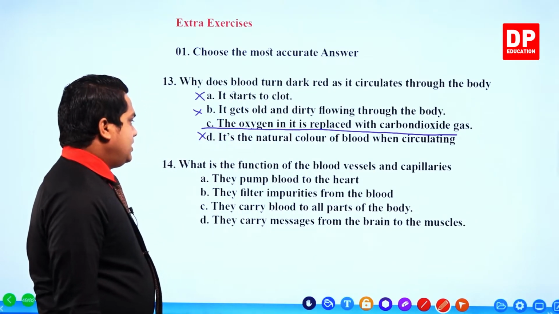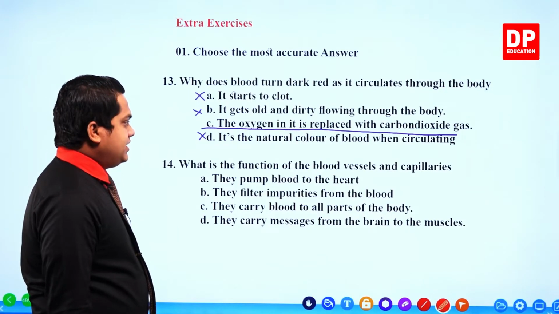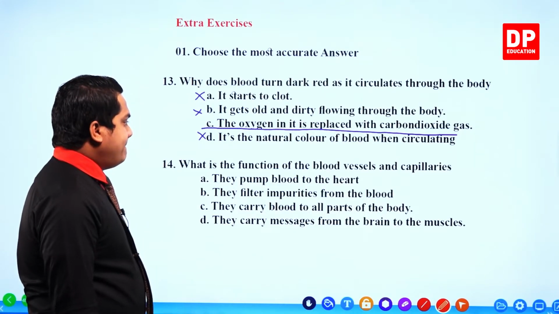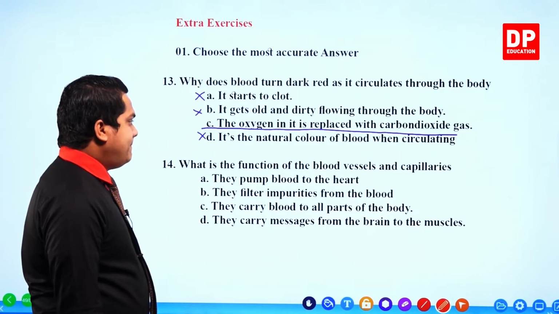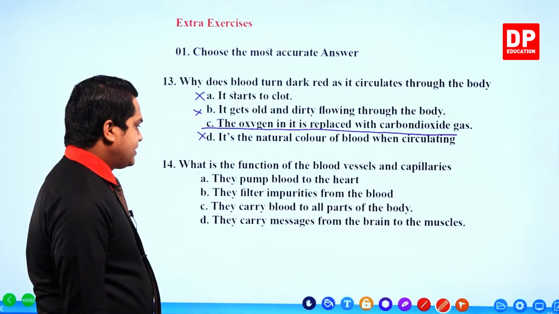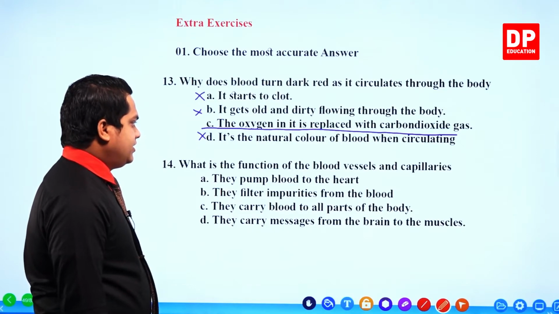Okay. What is the function of blood vessels and capillaries? They pump blood to the heart. They filter impurities from the heart. They carry blood to all parts of the body.